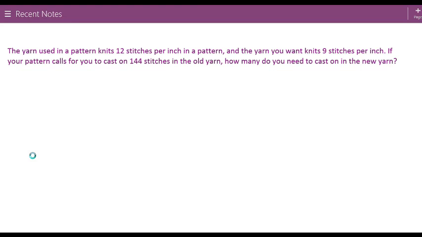All right, so we're going to look at this. The numbers are a bit farther apart, but we can still work with it. So we're going to be comparing old yarn to new yarn, and then this is how the yarn knits by itself, and then in the pattern we want 144 stitches, and we're looking for how many we need.